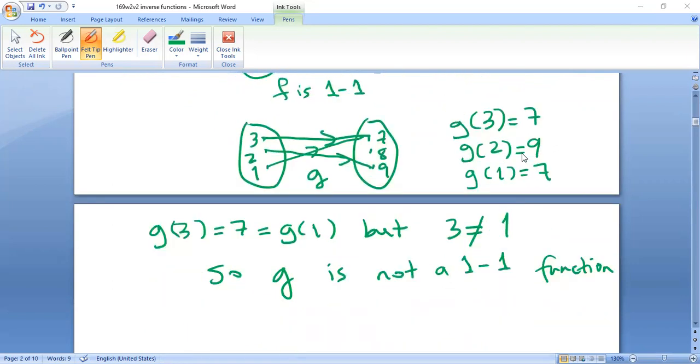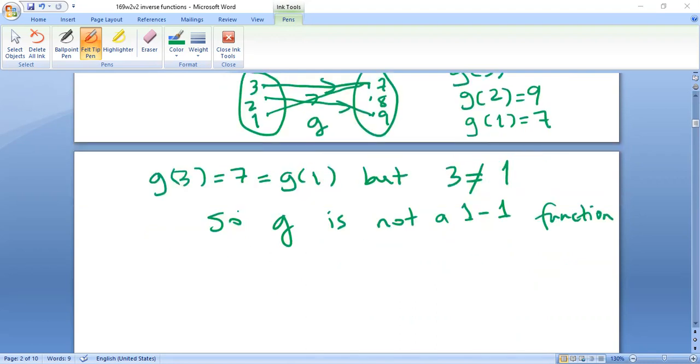You see that g of 3 and g of 1 are both 7, but 3 is not equal to 1. So this case is not a one-to-one function. As you see, every input is mapped to exactly one output, and there is no second input which is mapped to the same output. So every output comes from exactly one input. That's the definition of a one-to-one function.